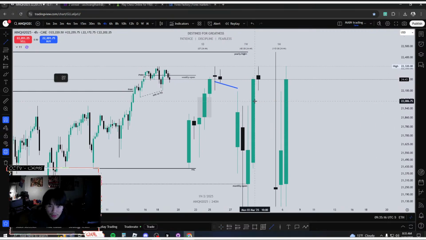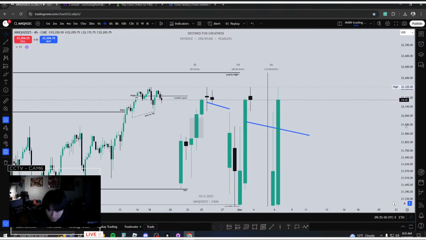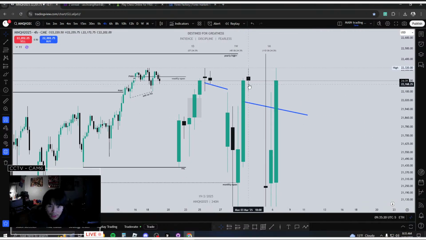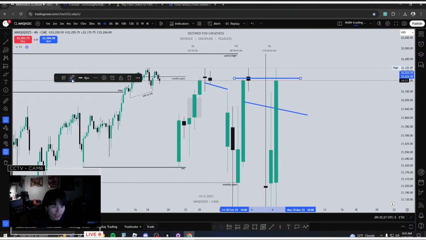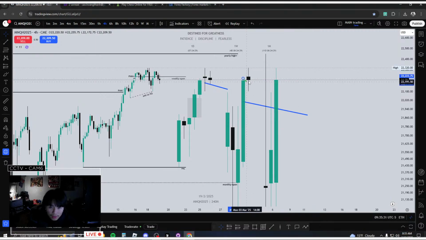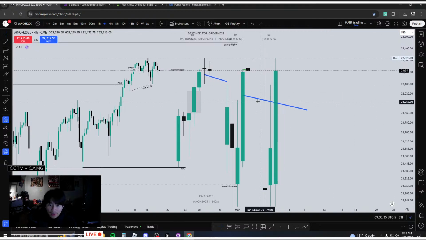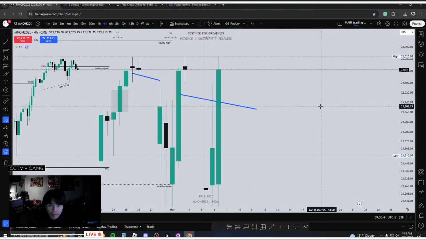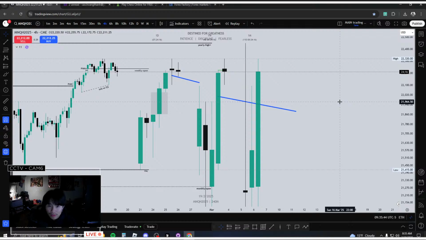Coming into this week, we have already completed the weekly objective. We have taken out previous week's high, which for me was the weekly objective. Once we complete a weekly objective, I no longer can use the weekly time frame to provide me a bias.